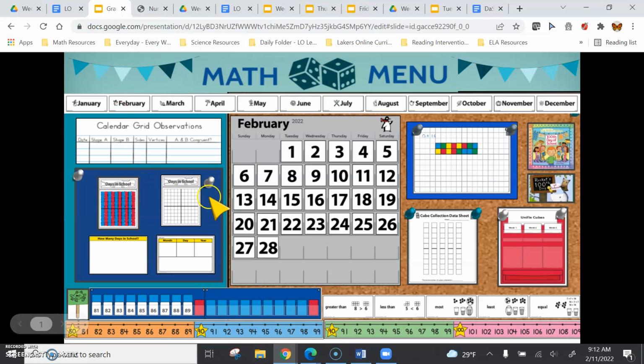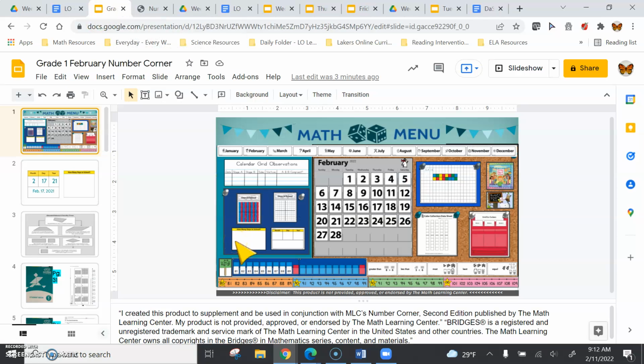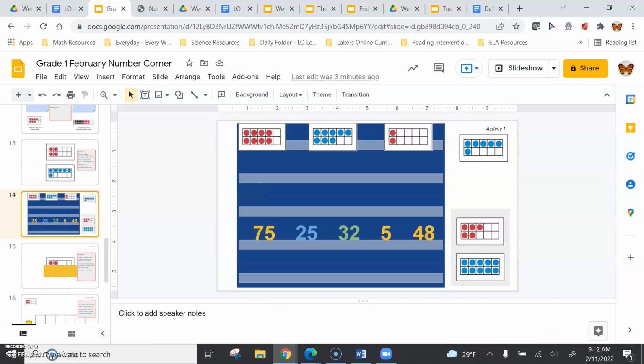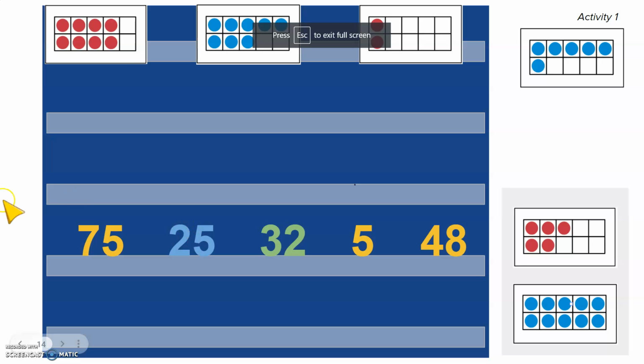Today, I have something very interesting for you that I'd like to share with you now. I planned something very different for us for number corner. As you can see, we have some 10 frame cards here.